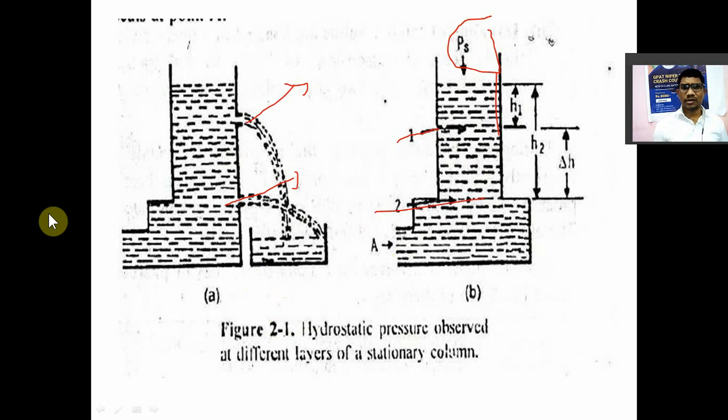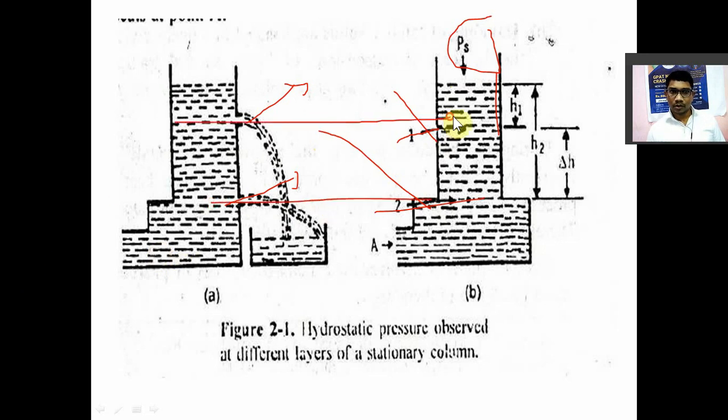The pressure experienced by the liquid at point 1 will be different, and pressure experienced at point 2 will be different. जैसे ये point 2 है और ये क्या है, and that's why at point 1 and point 2 they will experience a different pressure, and that's why they will have a different flow.